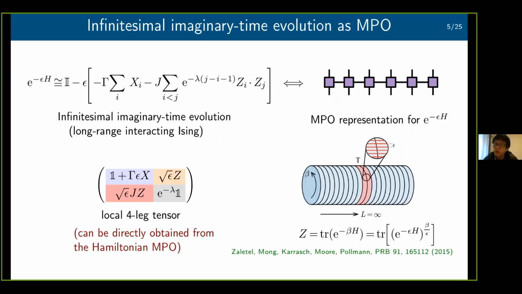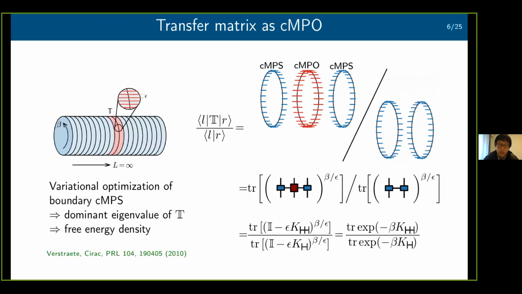Yeah, the numerical difficulty of this low temperature calculation is governed by the entanglement in the time direction. For example, if we consider a critical system, then this entanglement in the time direction is proportional to the log of beta, which is the length in the imaginary time direction.